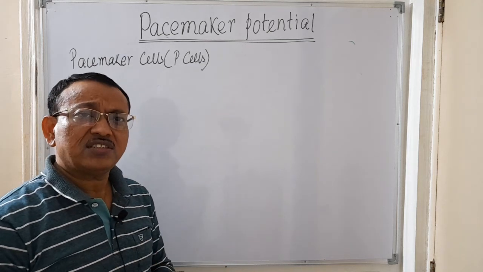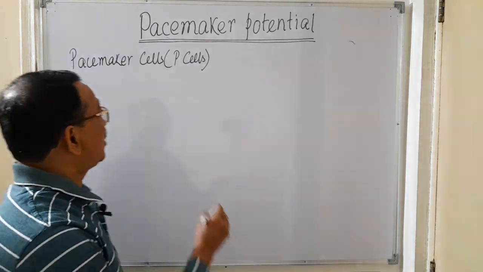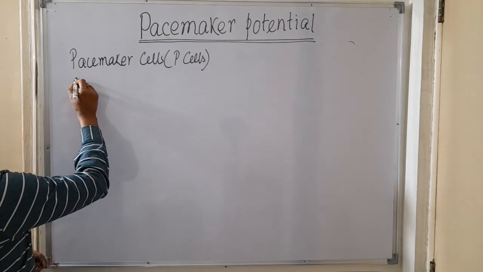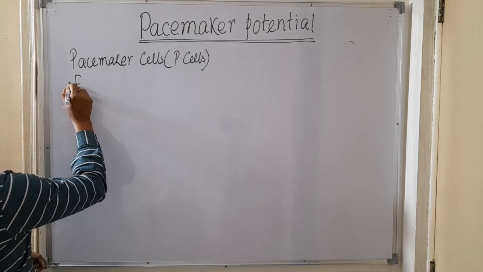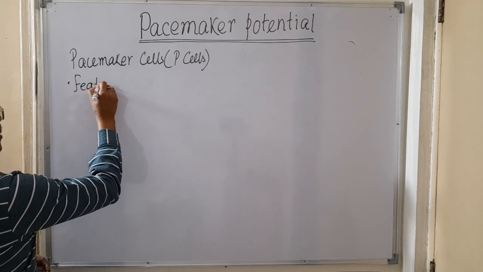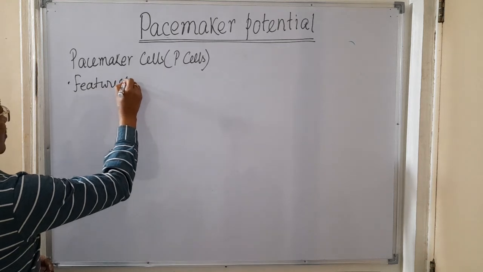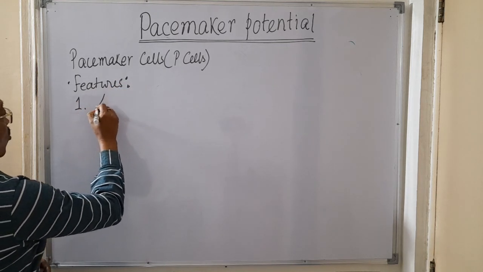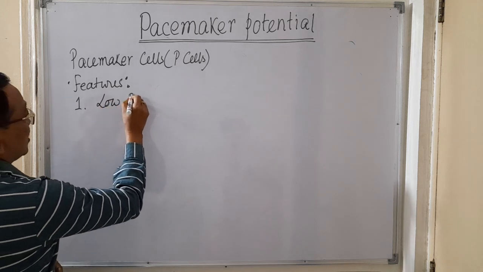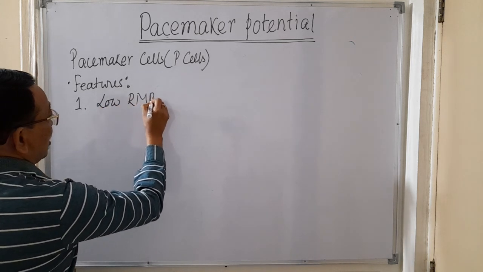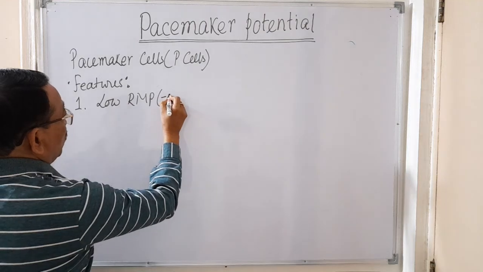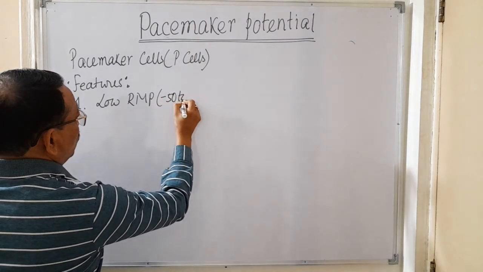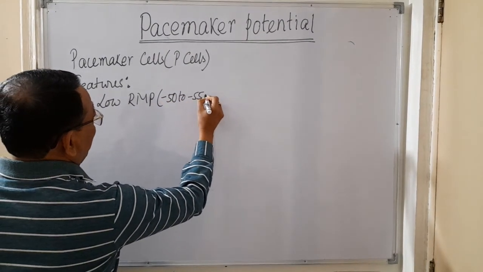Now these P cells or pacemaker cells have some important features. Number one, they have a low resting membrane potential, that is, between minus 50 to minus 55 millivolt.